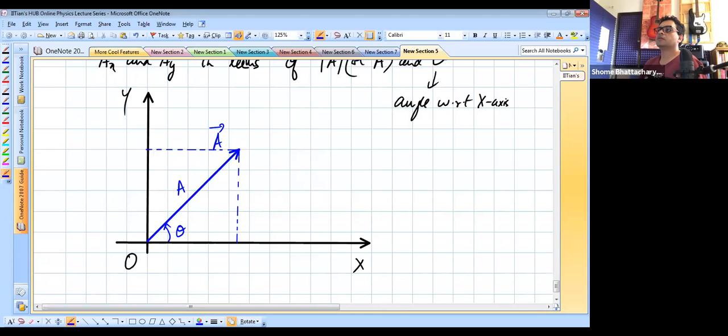Okay. So back in this diagram, this length is Ax and this direction is along the x-axis. So we will represent this as Ax. We will represent this over here as Ay. And as you can see, the vector sum of Ax i cap and Ay j cap is nothing but the vector A.